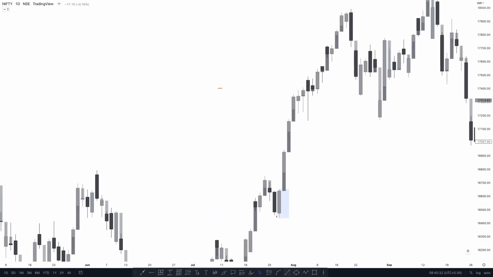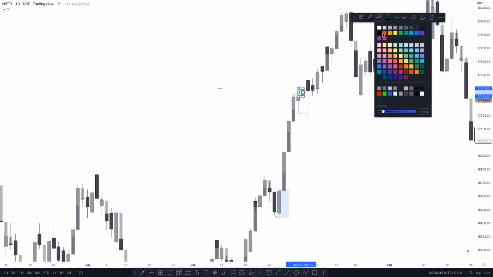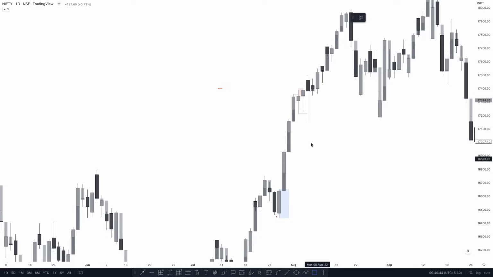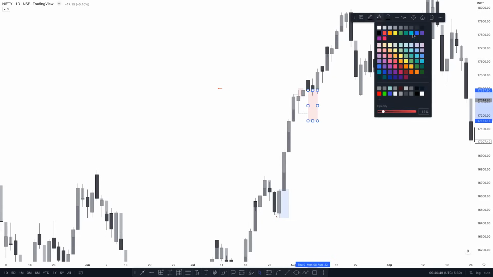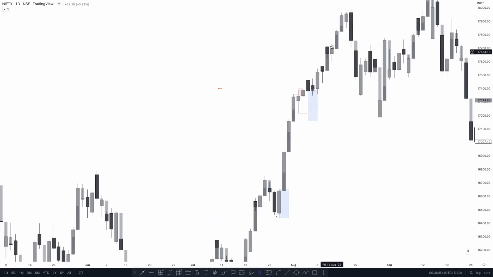The same thing is happening here. You can see it took out this low and then went higher, but swept the high. When the market sweeps the high, we can sell for the short term because the major trend is bullish. But when the market takes out the previous low, we can buy for the longer term because the major trend is bullish, right?